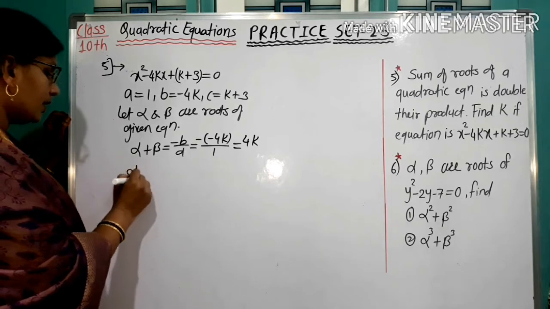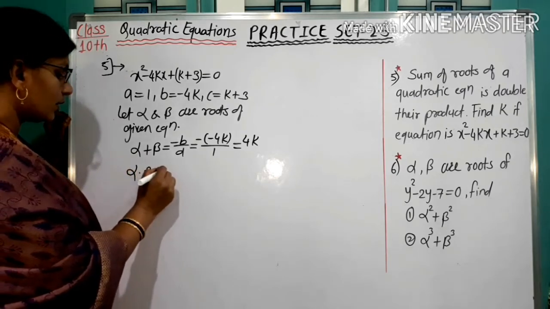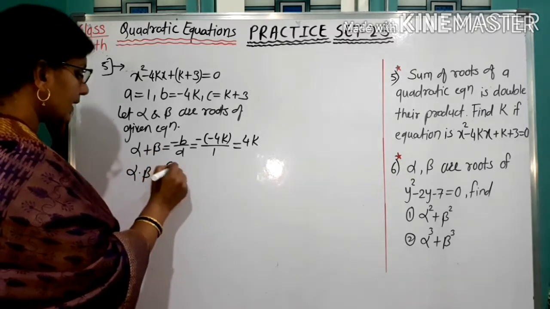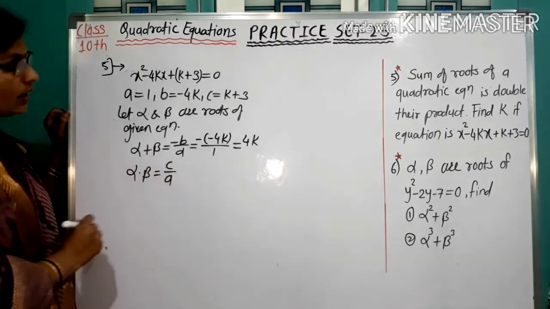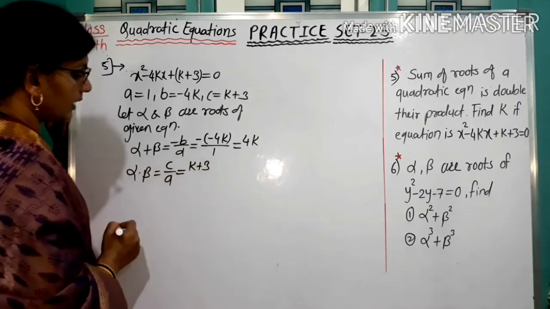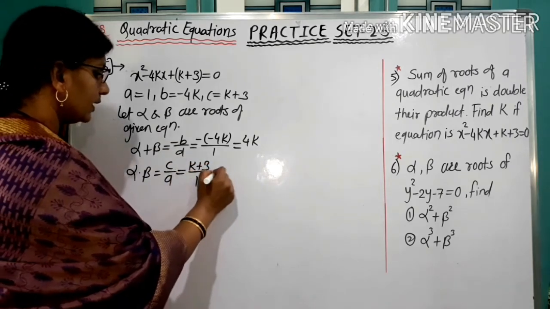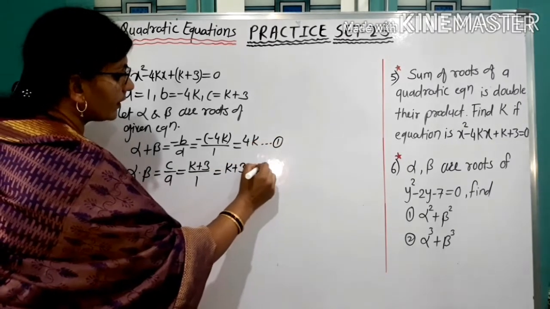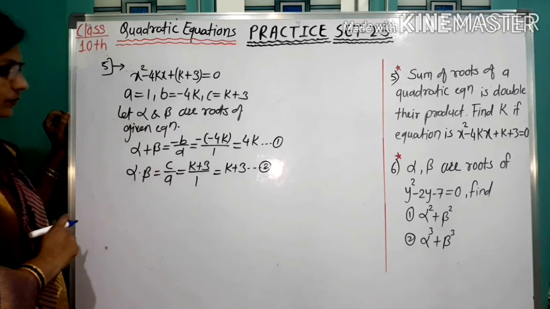Then find alpha into beta, means product of two roots, and in terms of coefficients it is written as c upon a. Value of c is k plus 3 and a is 1, that is k plus 3. This is number 1 and 2.